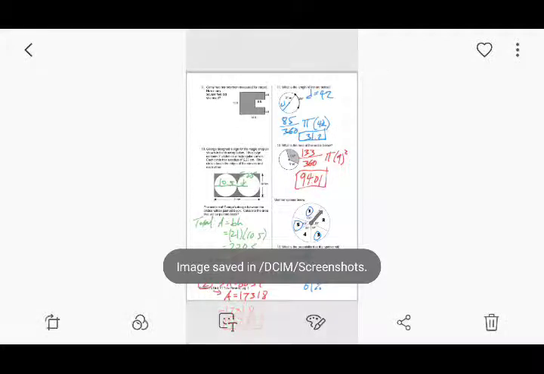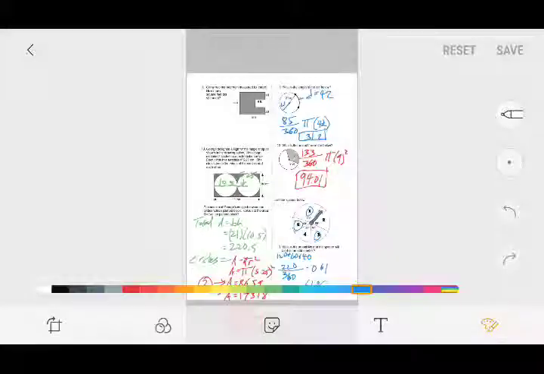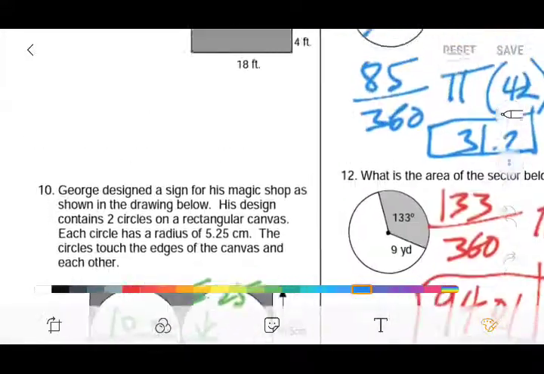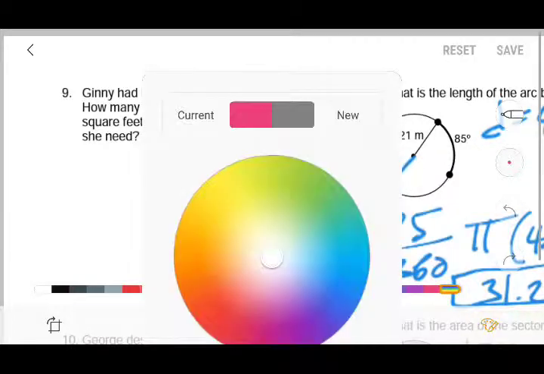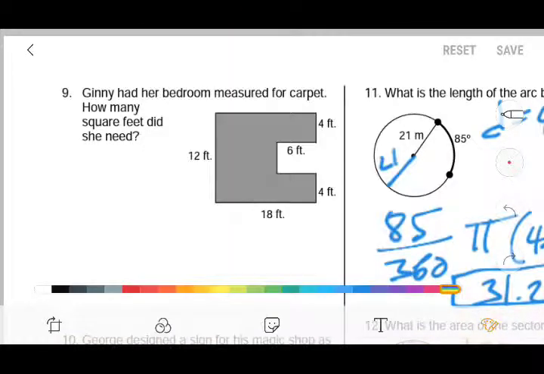Oh, I forgot that one. Okay, let's go back in here real quick. For this one, I'm gonna cut it up. So cut that there, cut that there. This is 6, which means this is 12.